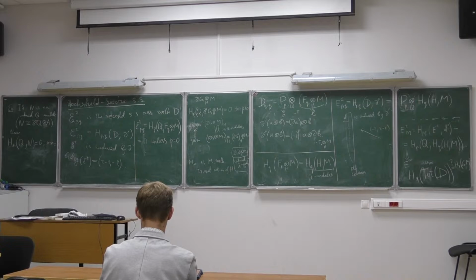So what do we get? We get that our term E1 lives only in one column.